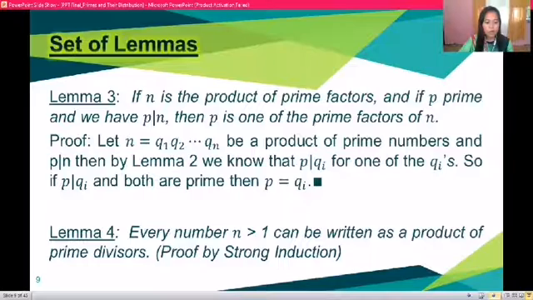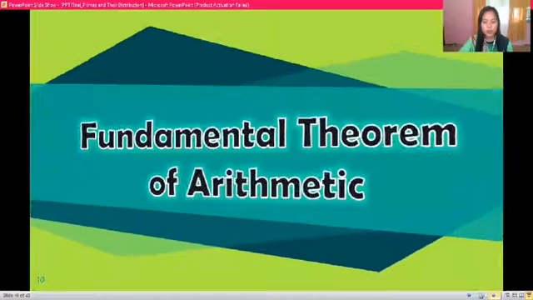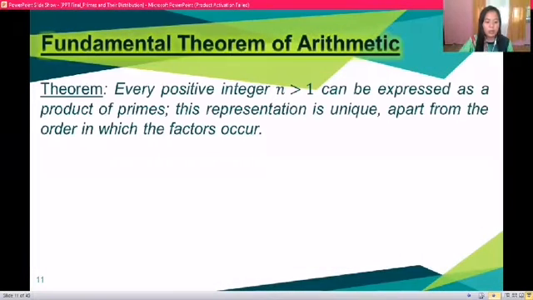Okay, now after looking at some of the simpler properties of prime numbers, we are ready to learn the most important theorem about prime factorization, the fundamental theorem of arithmetic. The fundamental theorem of arithmetic states that every positive integer n greater than 1 can be expressed as a product of primes.